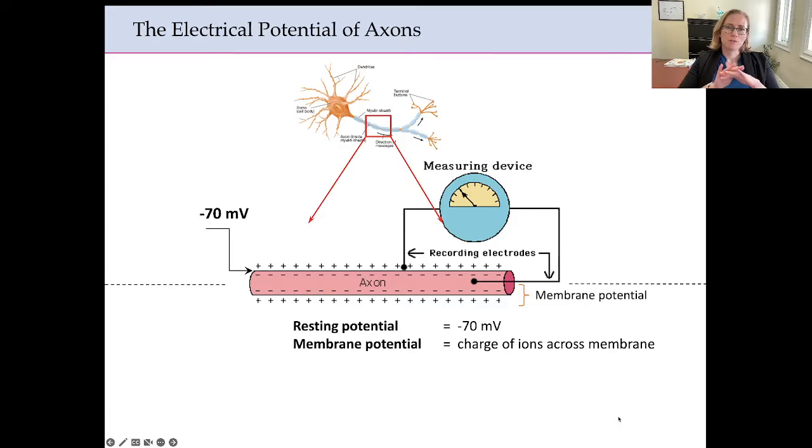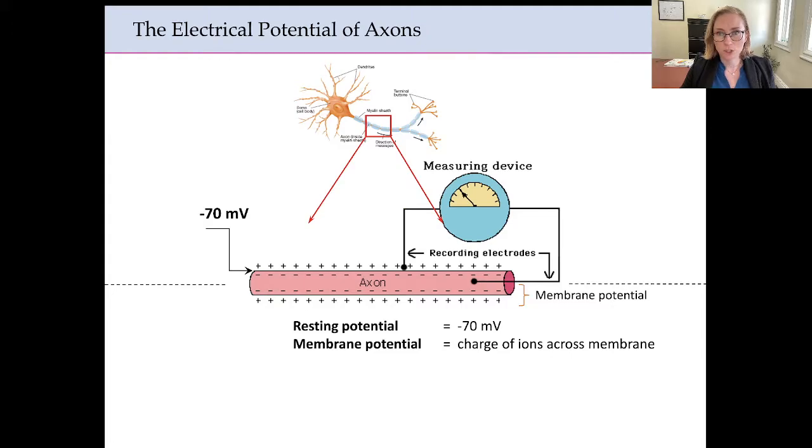First off, setting up what happens when the axon or the neuron is not communicating. There's what we call a resting potential, where nothing is happening, no action potential is being sent, but the baseline level of the axon is to actually be negatively charged.